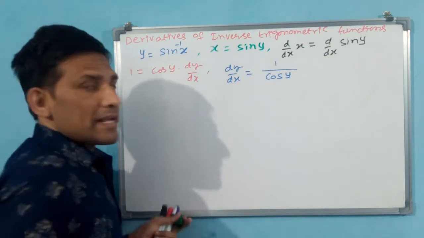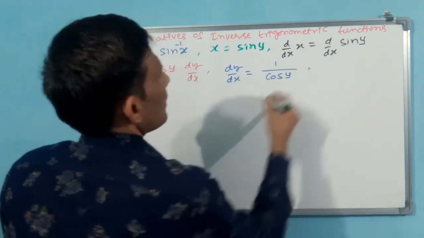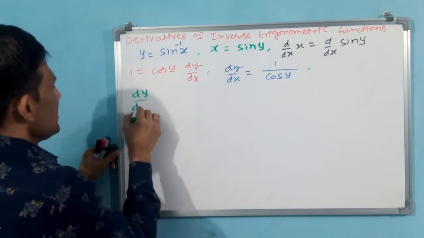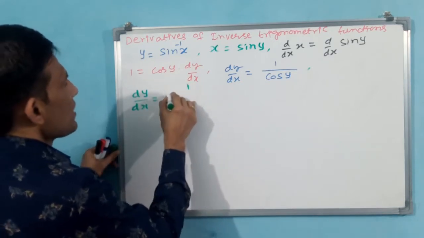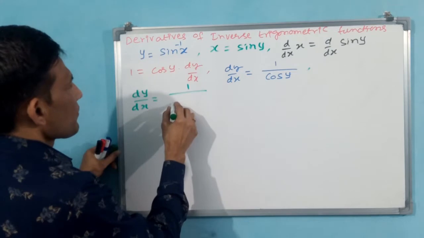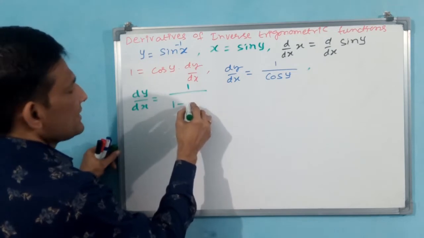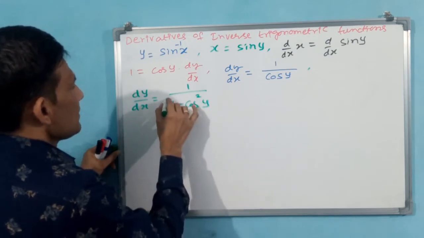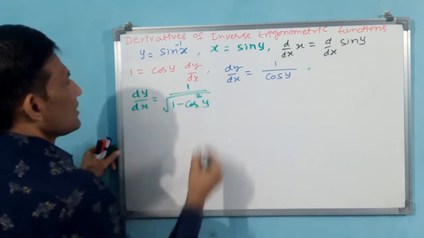Let us proceed. What I am writing, you see, the comma I am keeping. Now I am writing, you see, dy by dx is equal to 1 by square root of 1 minus cos square y. Is it correct?